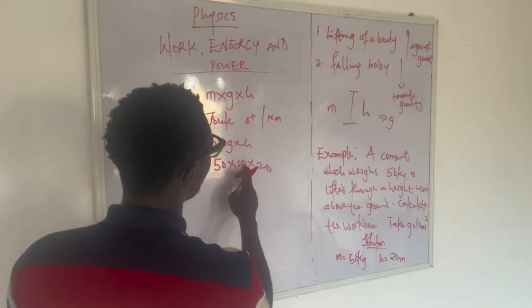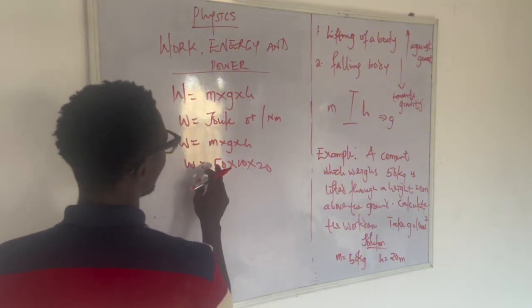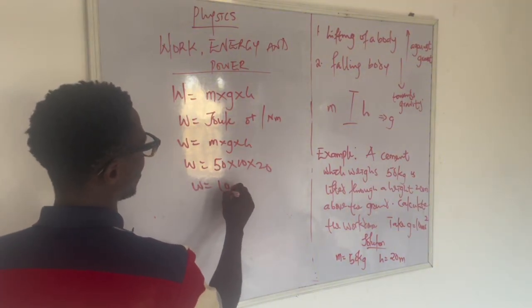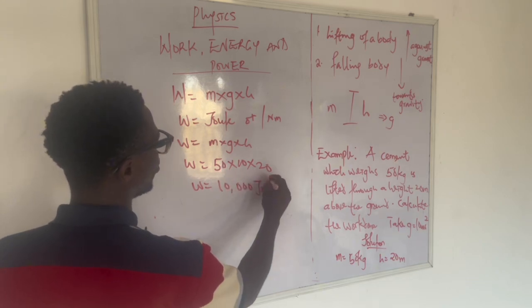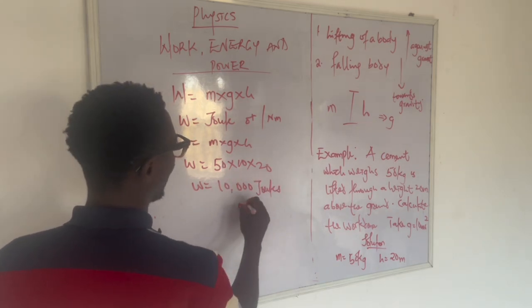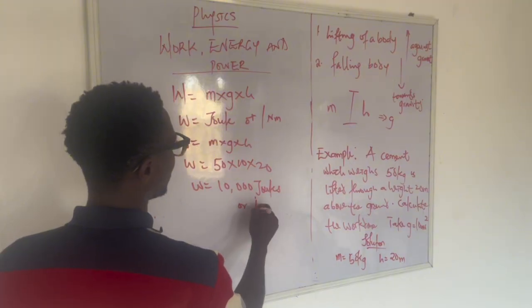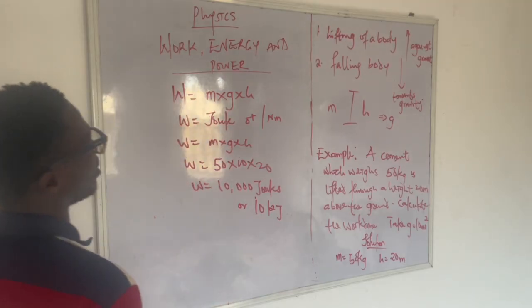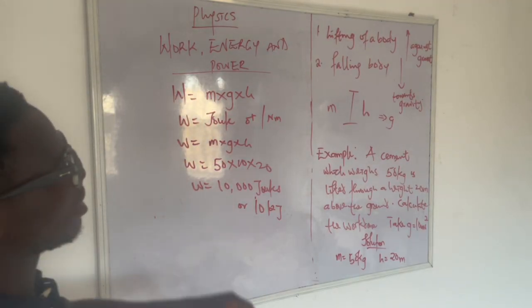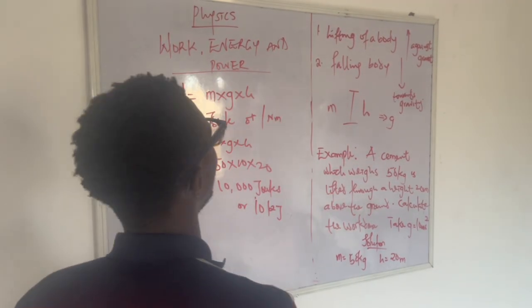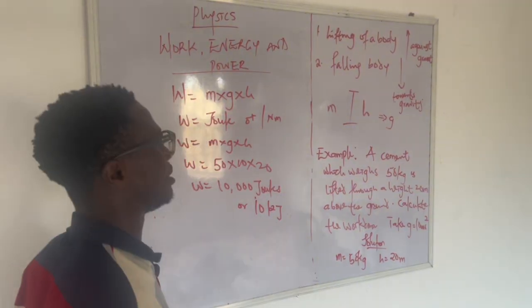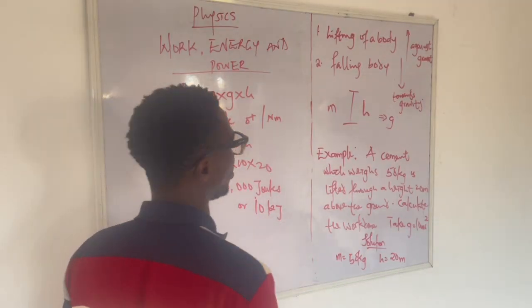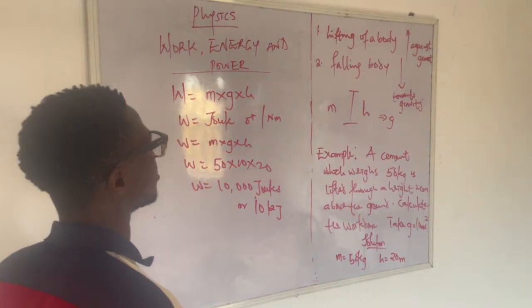We have 3 zeros, and 5 times 2 is 10, so we have 10,000 joules, or we call it 10 kilojoules. So that is solving work done in a force field.